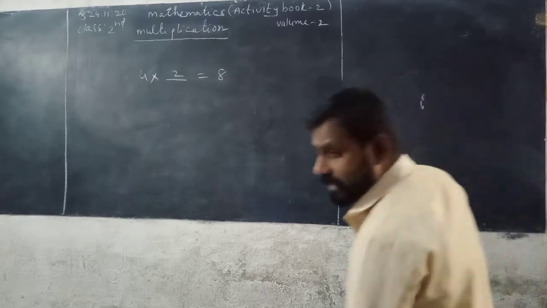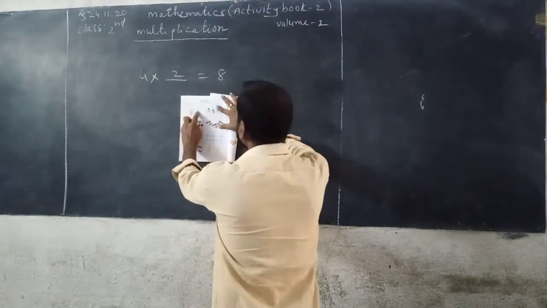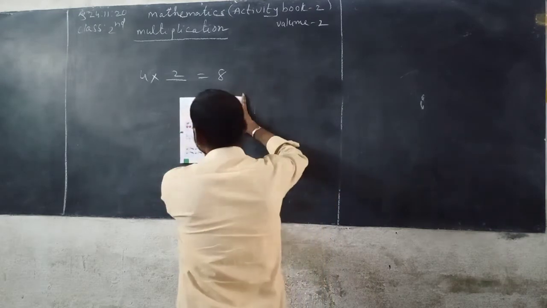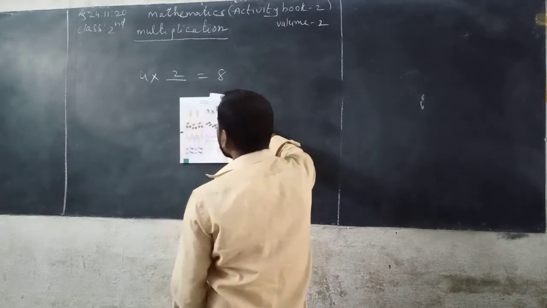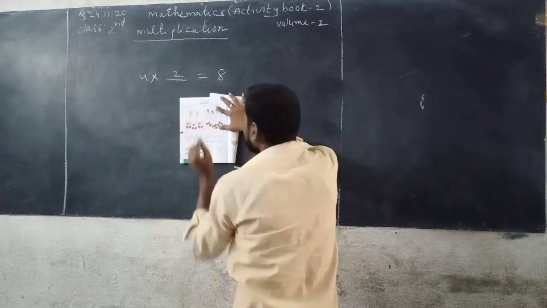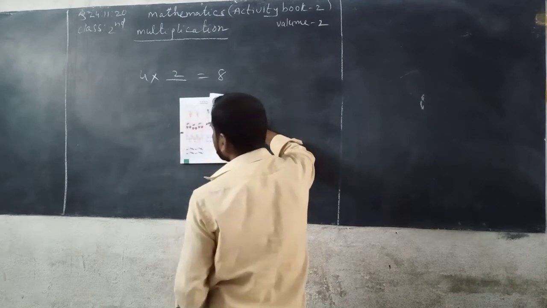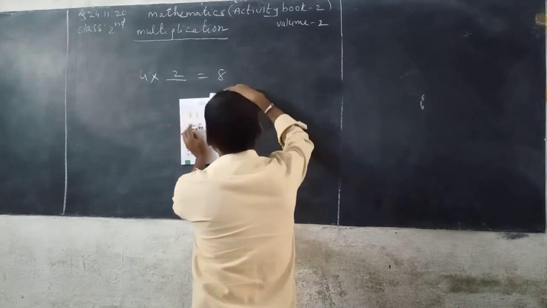See once again, listen here. 2 hands are given. In each hand you can open 4 fingers and 1 is closed, and in the other hand you can open 4 fingers and 1 is closed.